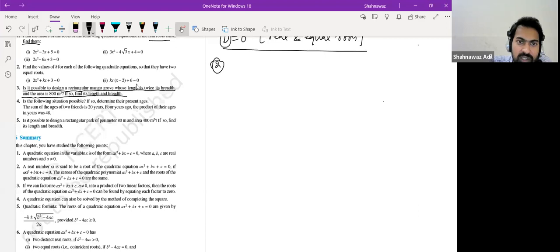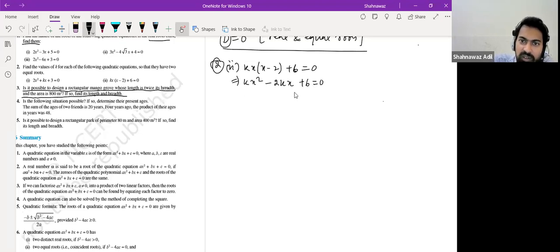So first we need to simplify this. This would be kx square minus 2kx plus 6 equals 0. Now this is looking like a quadratic equation. So what is A, Madhya?